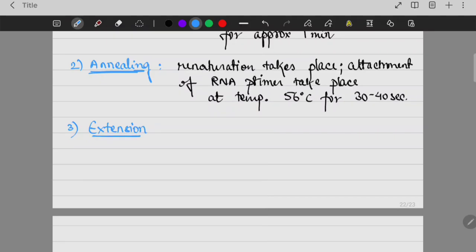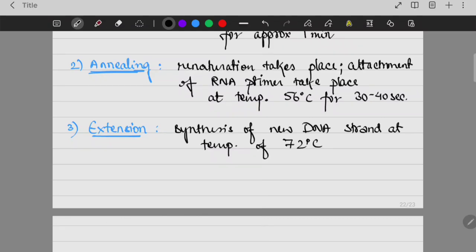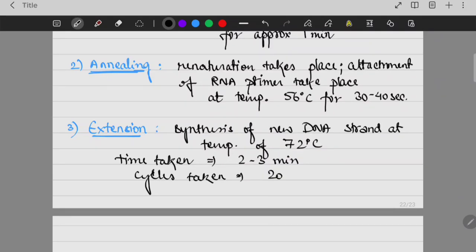This is an important point in the PCR process. Synthesis of new DNA strands occurs at a temperature of 72 degrees Celsius. The time taken is approximately 2 to 3 minutes for each cycle, and the total number of cycles is 20 to 25.